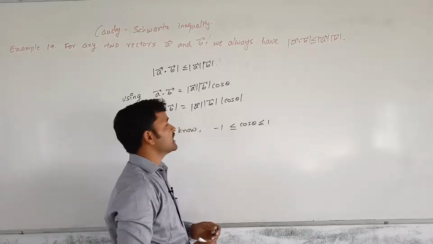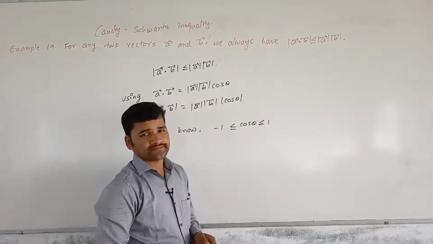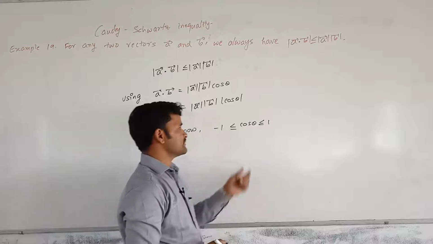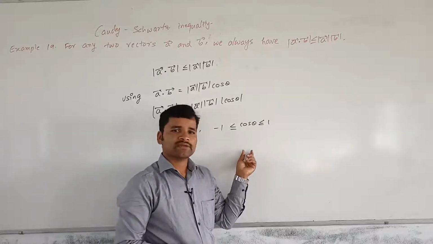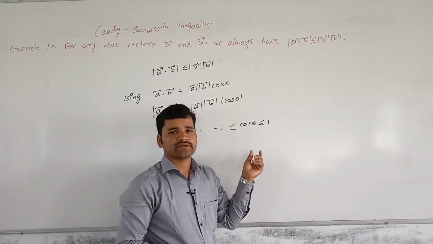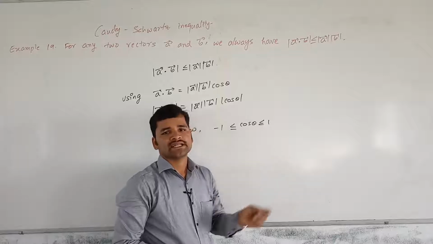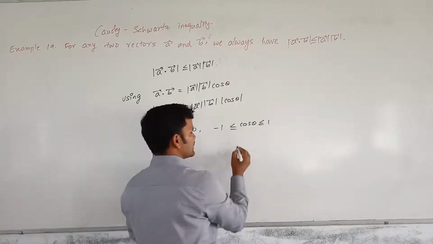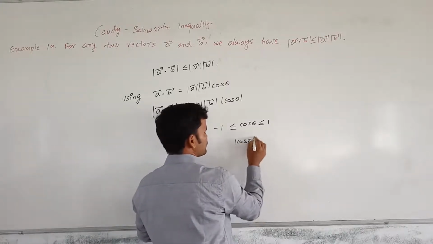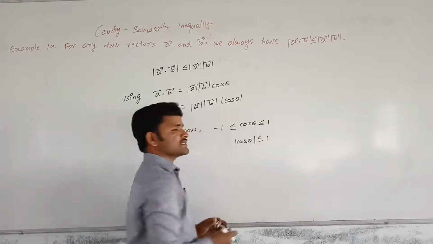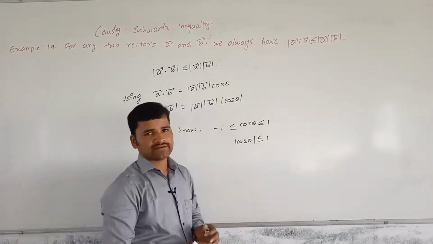Here I want modulus of cos theta. Modulus of cos theta means only positive values. What can be the positive values? Modulus of cos theta will always be less than or equal to 1. I can write here modulus of cos theta is always less than or equal to 1. I want only this inequality.